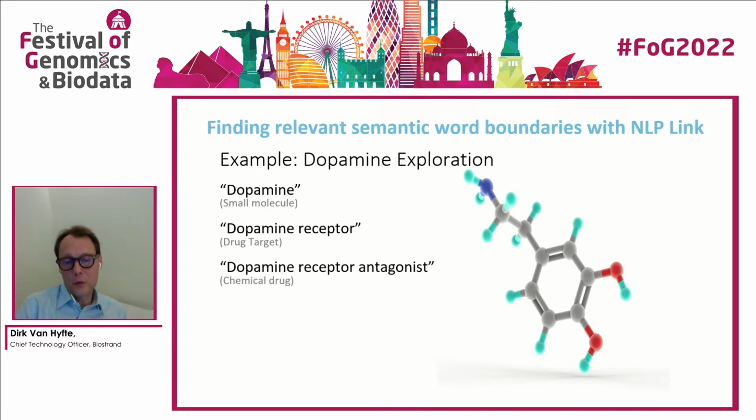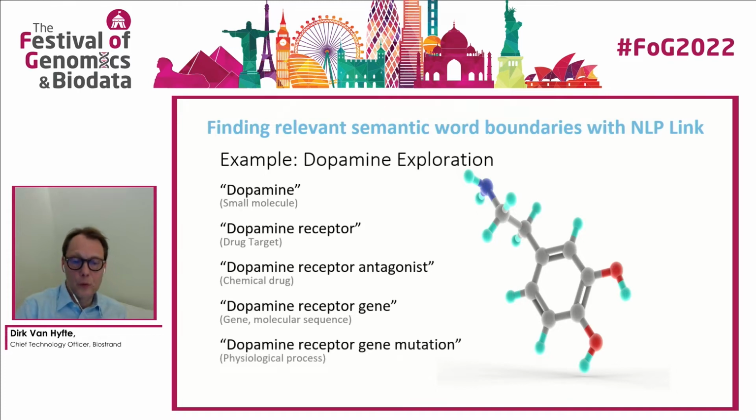On the other hand, you also have the word dopamine receptor antagonist. So that's a chemical drug. It could be even a specific medicine that is working against this dopamine receptor. Another word is, for instance, dopamine receptor gene, which could be a molecular sequence, or even a dopamine receptor gene mutation. So as you see, it's really important, when you want to understand your text in a meaningful way, that you grasp these meaningful word groups.